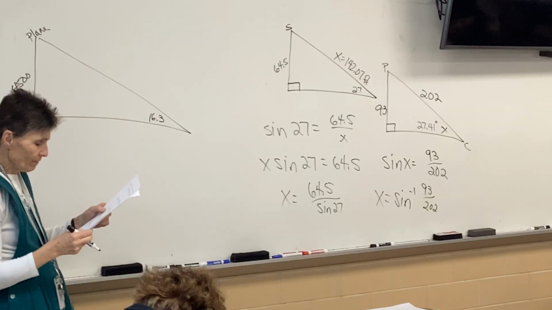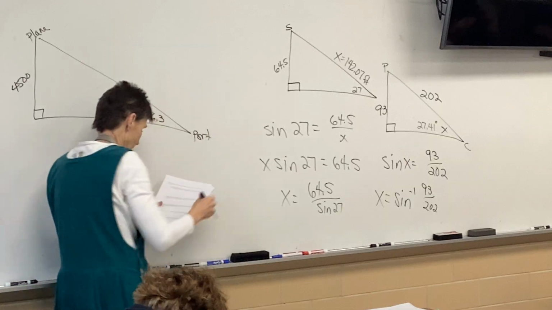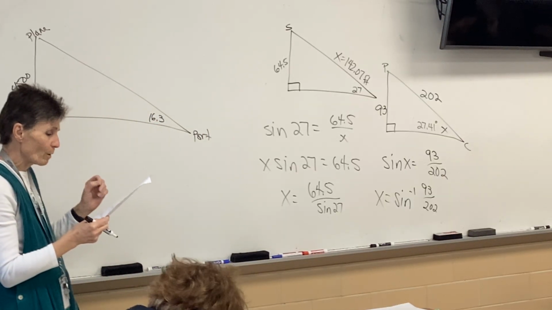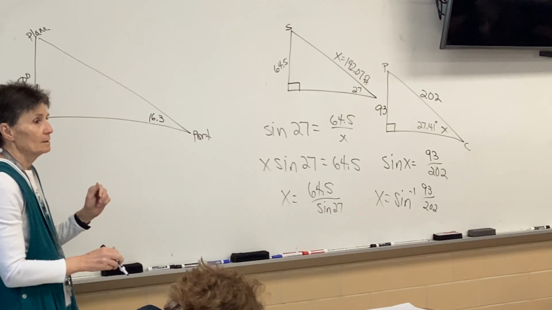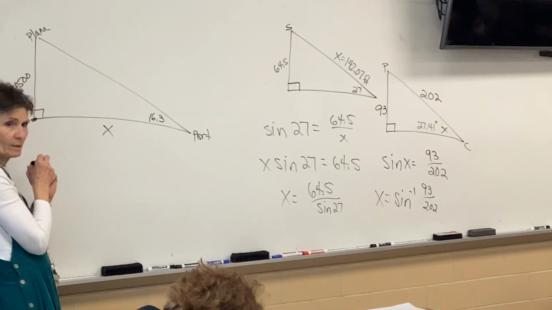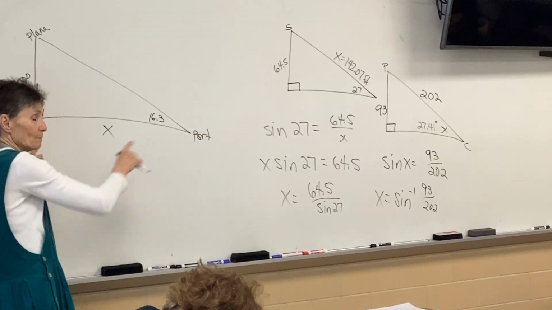How far is the airport from the point on the ground directly beneath the plane? So wouldn't that be this? This is the point on the ground under the plane. How far is the airport from that point?